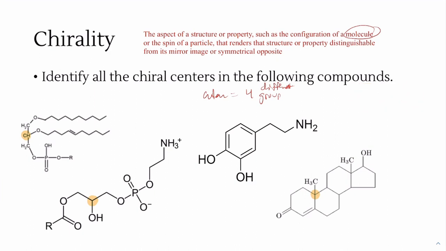So anytime that you can see that, in this case, if I'm going down this way, it's not going to look the same going down this way. And so that's why I can assume that those are different groups. And ultimately, that's going to be a chiral center because those are 4 different groups. And pretty much any of the carbons that you see in these ring structures, in these hormones, the steroids that we go over in organic chemistry, all of these will be chiral centers.